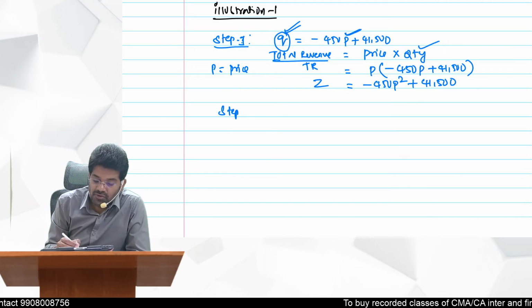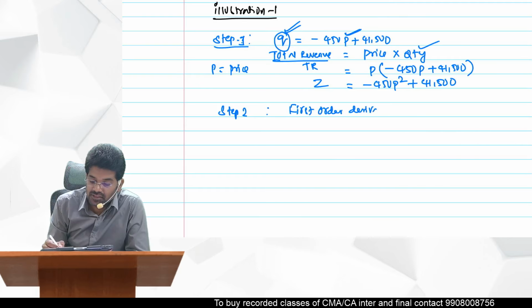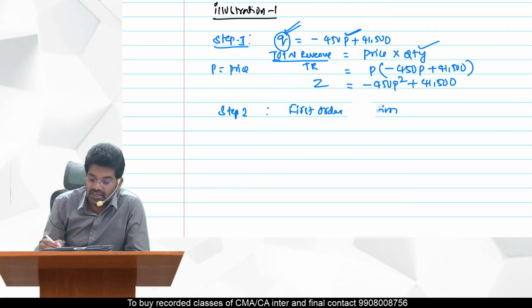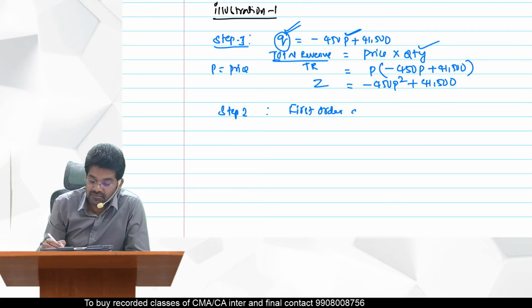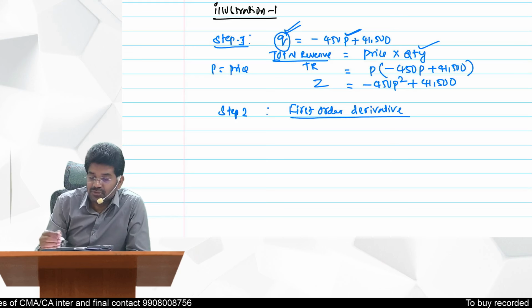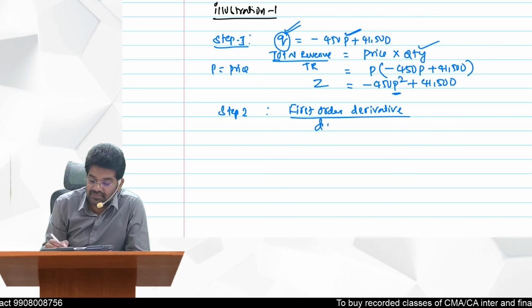So step number 2 is first order derivative. That means first time we are applying the derivative here. With respect to x. Here don't take it as x. What is the input name we have given? P. Right. So dz by, first let us take the equation.